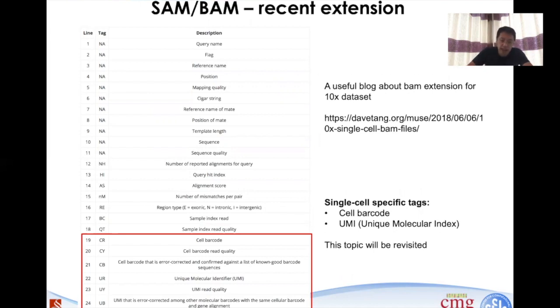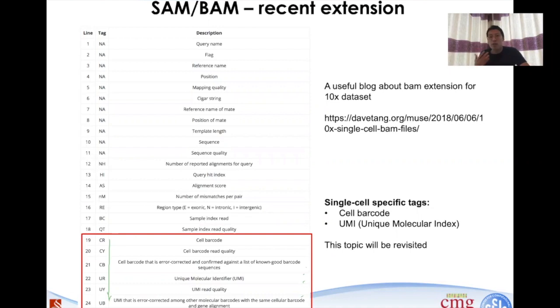You can see that these are the tags specifically associated with single cell technology. For example, what is the cell barcode? What is the cell barcode read quality? And so on and so forth. I'm not going to go into detail, and the UMI information. Those are very, very important.